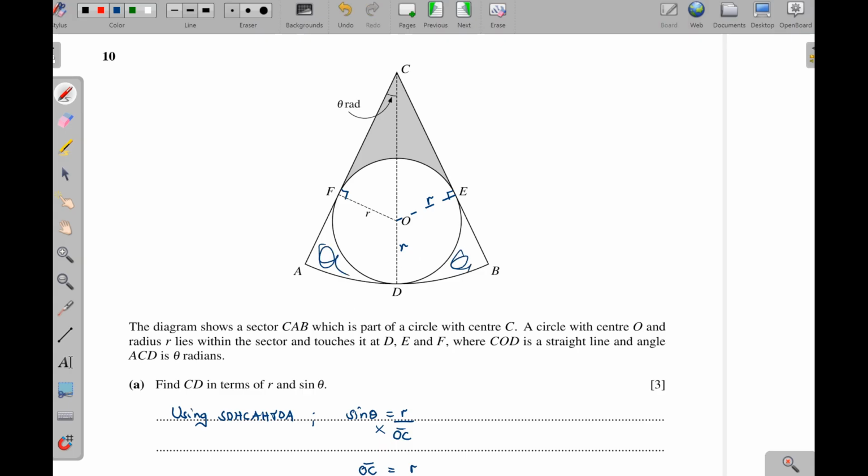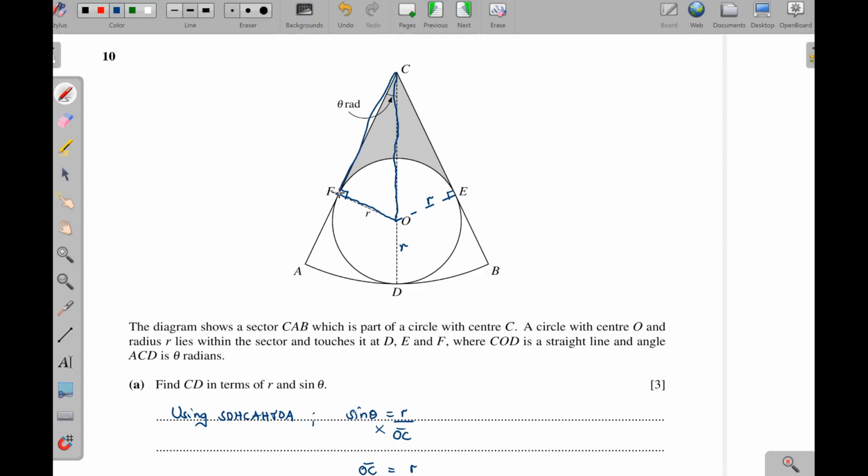If this one was shaded and also this one was shaded, then we would have said area of this big sector minus area of the circle. As simple as that. But since we have this area and this one here, what we are going to do is get the area of this triangle here.